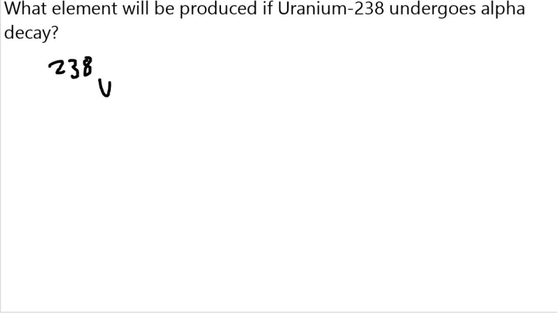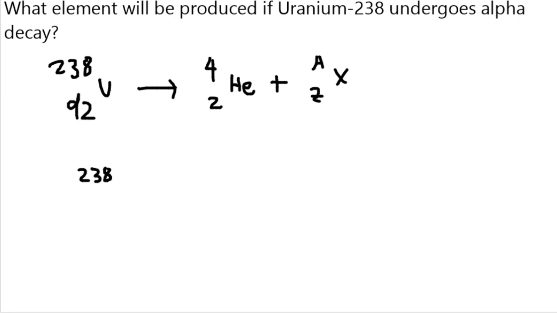What element will be produced if uranium-238 undergoes alpha decay? So we have our uranium-238 here, and it's going to have a 92 atomic number. So it will undergo alpha decay. So it's going to be 4,2He, or we can just write the Greek alphabet symbol. So just as normal, we are just going to solve for the value of A, the value of Z, and if we find the value of Z, we're going to look to our periodic table and find that element symbol.